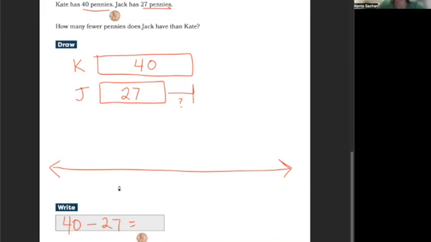Our 10 numbers can really help us out. So I know that 27 is more than 20, right? But less than 30. So I want to find where 27 is on this line. And I also have 40, right? So right now, I want you to find where 27 is on this line.